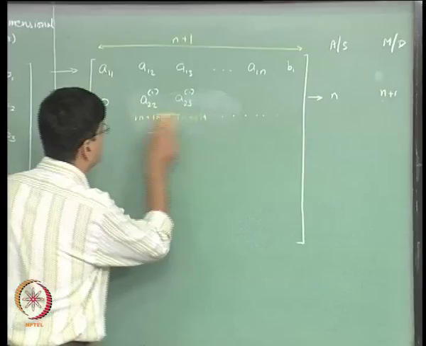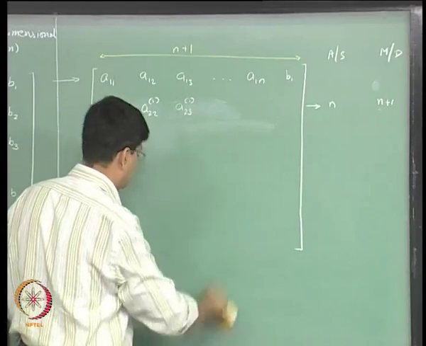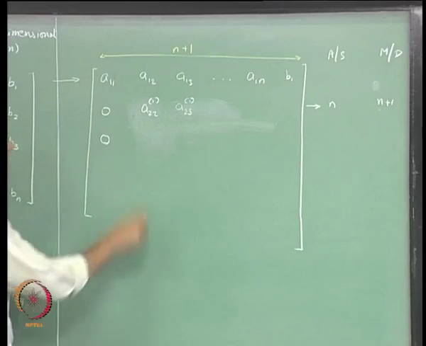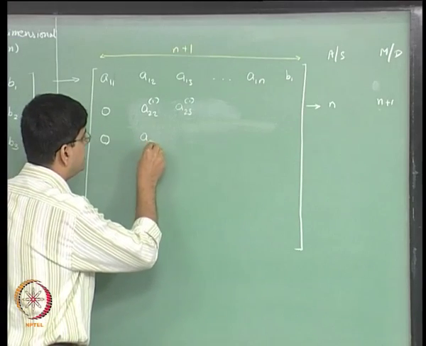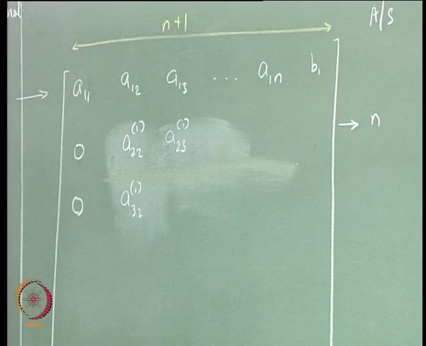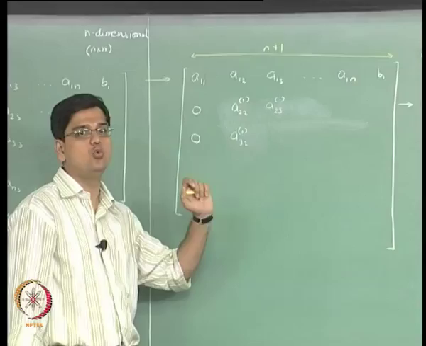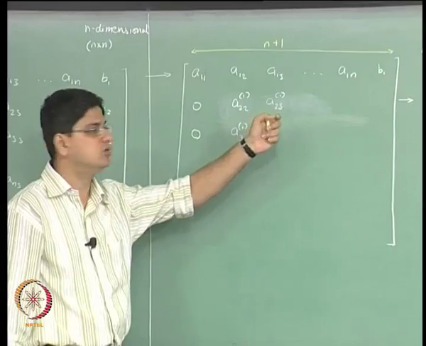Now, let us see what happens in computing row number 3. In row number 3 again we get 0 over here. Okay. And we will compute A321, and again A321 is going to be equal to A32 plus alpha 21 multiplied by A12. Okay.